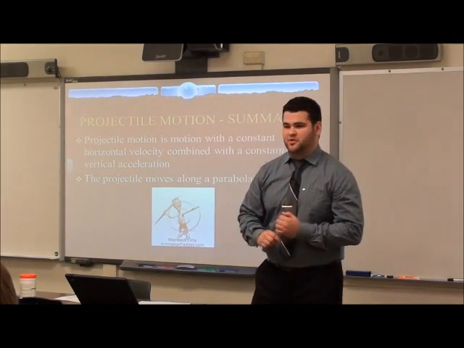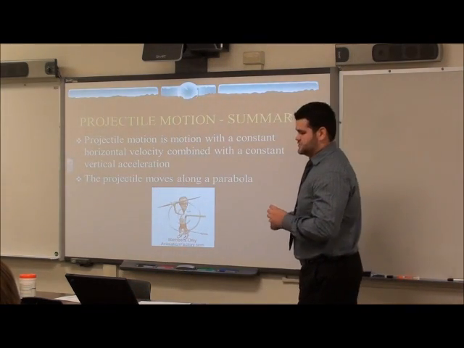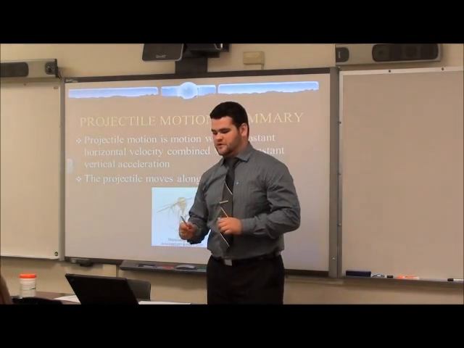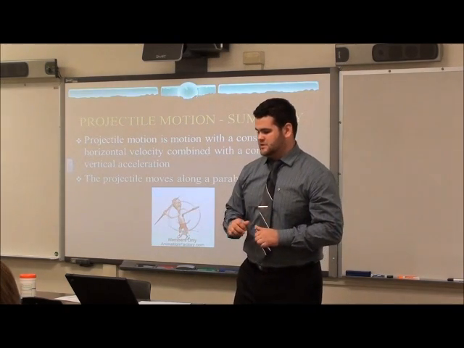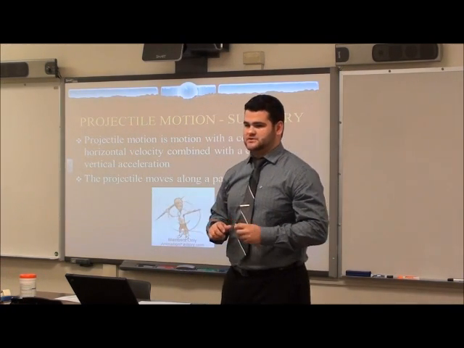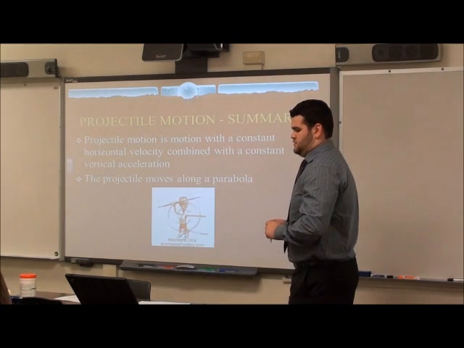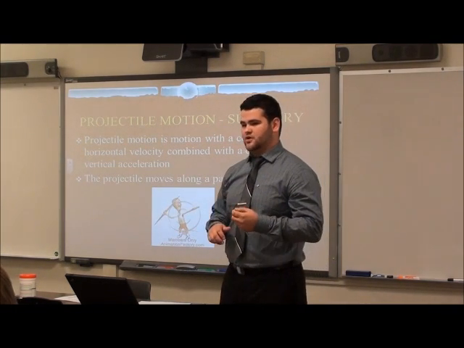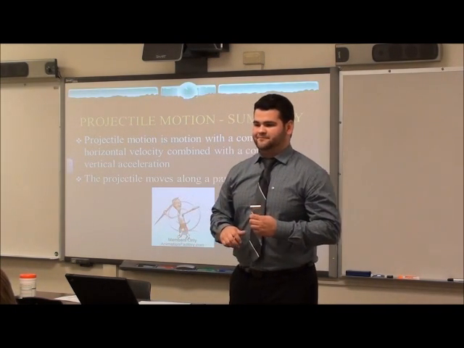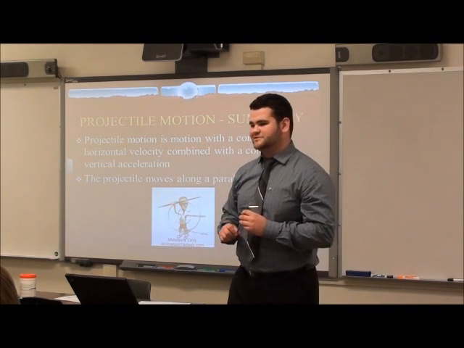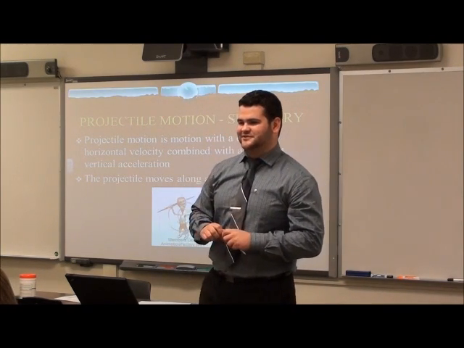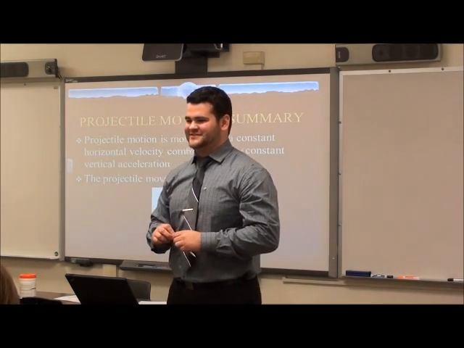So, to summarize, projectile motion is a motion with a constant horizontal velocity combined with a constant vertical acceleration. And the projectile moves along the parabola. Now please do not copy this word for word. I would like you to put it in your own words.